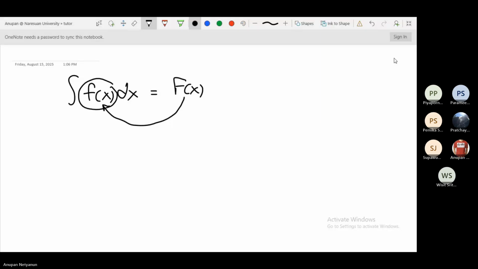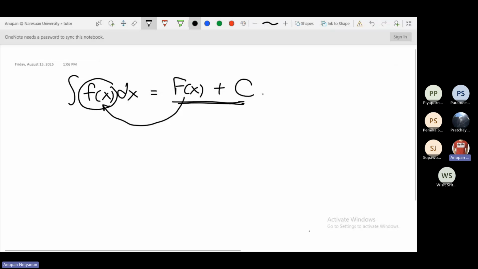When you have big F(x), you add c to it, and then you get a solution of the integral.